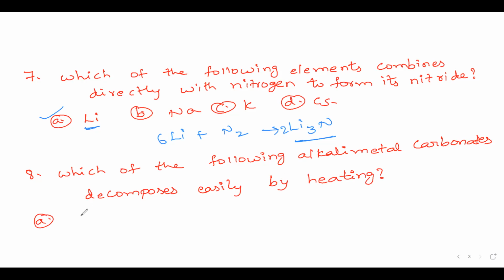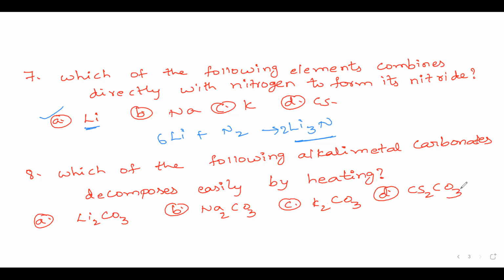Option A is lithium carbonate. Option B is sodium carbonate. Option C is potassium carbonate. And option D is cesium carbonate. So which is the right answer? You can easily expect it.